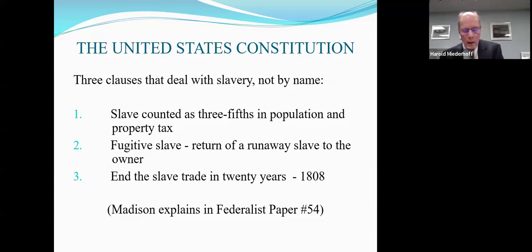So after the signing of the Constitution by the delegates in September of 1787, the Constitution required ratification by the states. What that meant is that the delegates had to go back to their home states and try to convince their local state legislature to pass this.